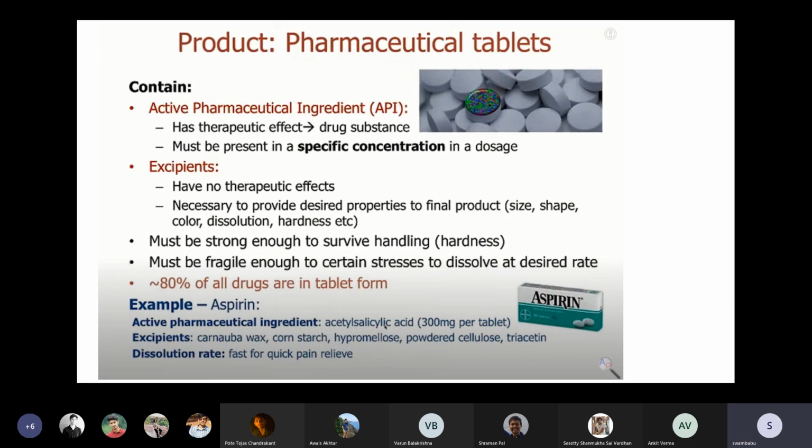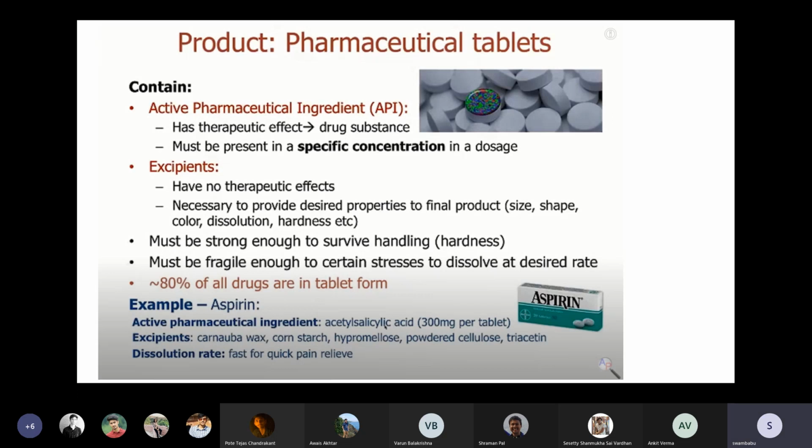So if you just want to supply this acetyl salicylic acid only, it is not possible to put it as a solid form in a specific shape, specific manner with specific dissolution characteristics. It's not possible. So we'll add excipients like cornstarch or a certain kind of wax, and sometimes they also use powdered cellulose.